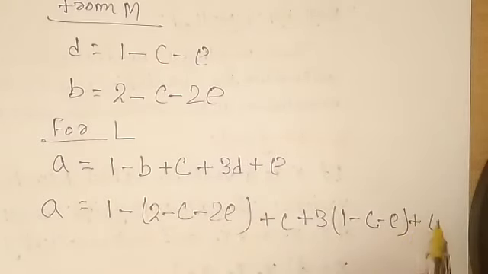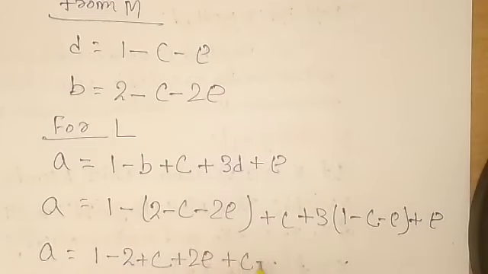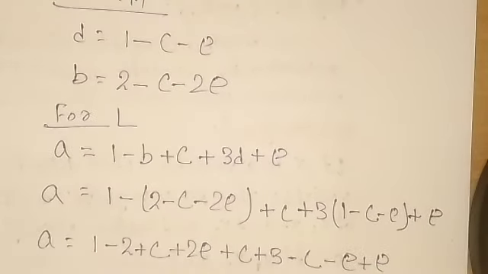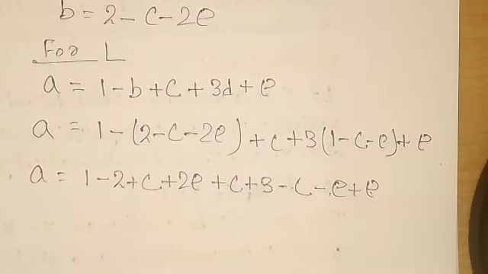So a is equal to 1 minus 2 plus c plus 2e plus c plus 3 minus c minus e, and plus e. Am I right? Right. Then this e and this e will get cancelled, right?